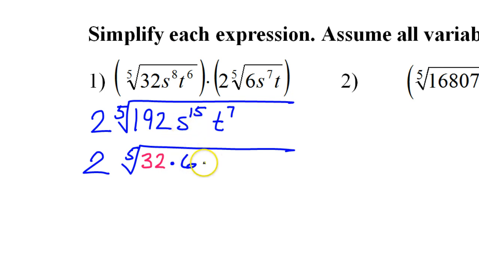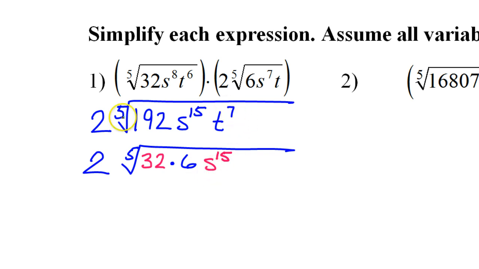Now let's do the same thing with the variables. We'll write the variables as things that can be simplified in pink and things that can't be simplified in blue. Now when we do variables, what we do to simplify is divide by the root. 15 is divisible by 5, so I like s to the 15th power, so I'm going to keep it, and I'll put it in pink. This can be simplified.